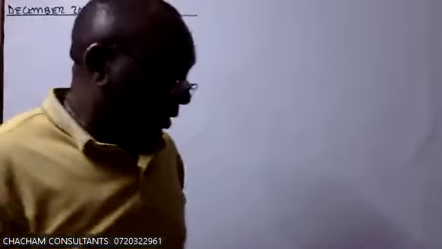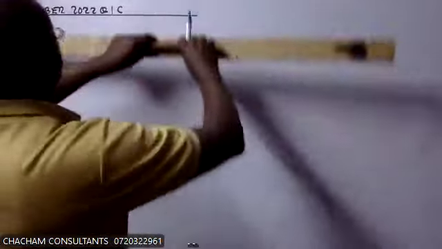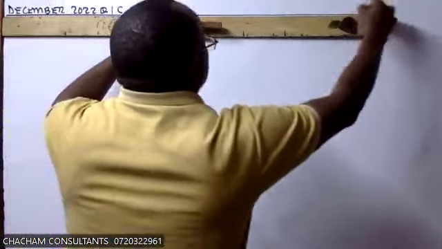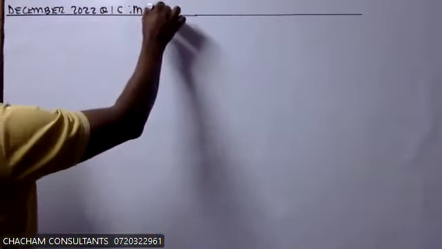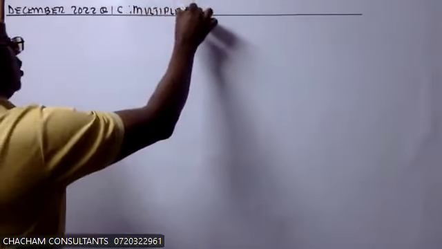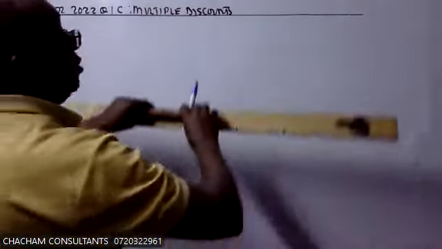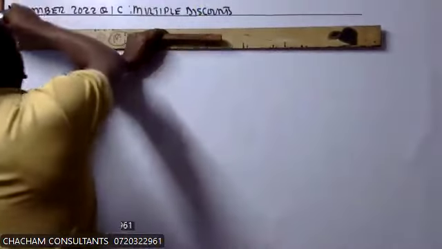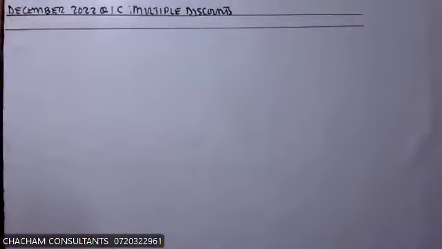Okay. So in this case, the question is on what we call multiple discounts. And I told you with the multiple discounts, we normally have several columns.